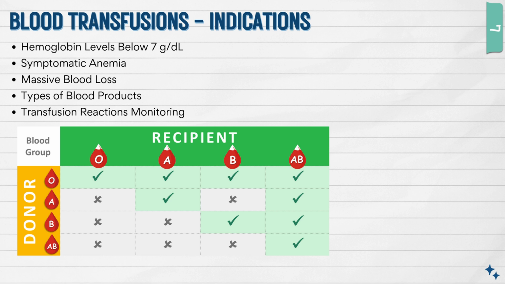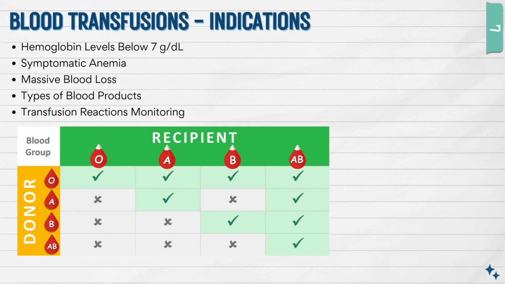Okay. But even if you give any sort of blood, you want to always monitor for transfusion reactions. So remember what those transfusion reactions are. It could be increased temperature, right? It could be chills or an actual fever. Patients can also have an allergic reaction.